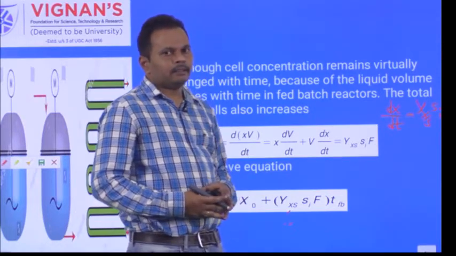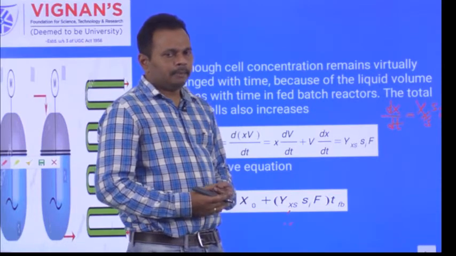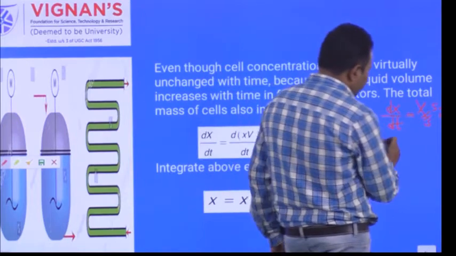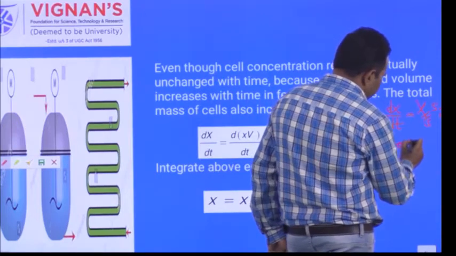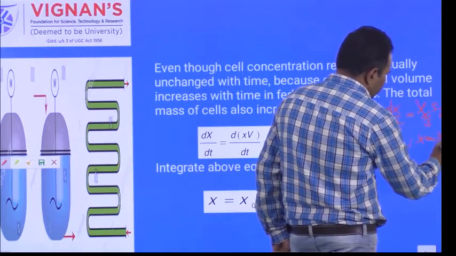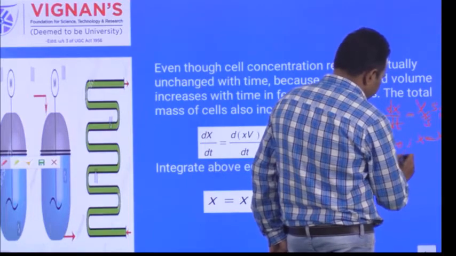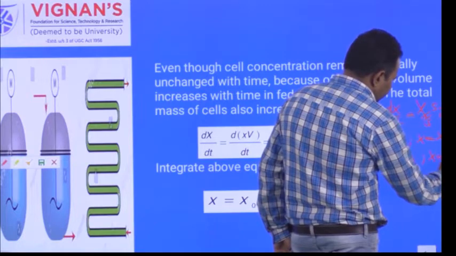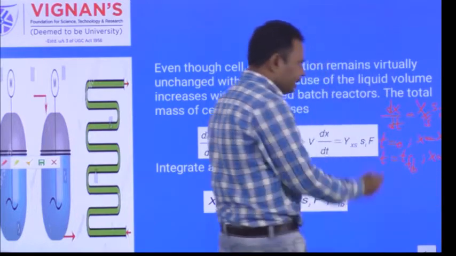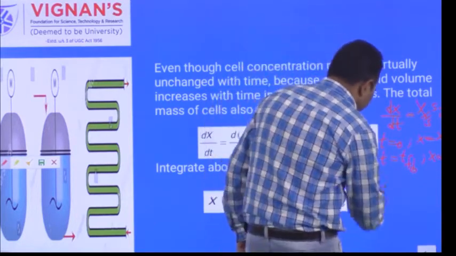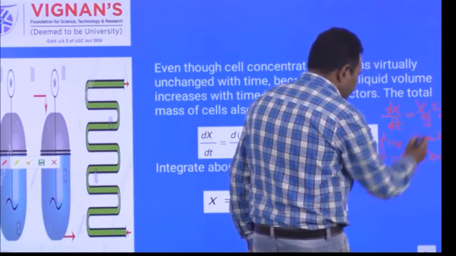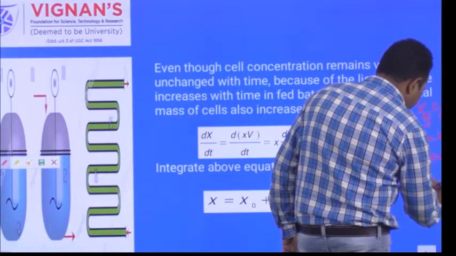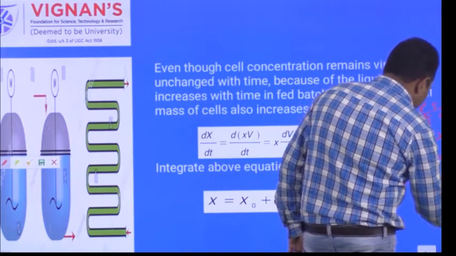Si, the initial substrate concentration, is constant, and F is assumed constant. Only the variables are X and t. When time t is 0, the mass of the cells is x0. When time t is the fed batch time tb, the mass of the cells is xf. Now integrate this equation: integral dX equals Yx/s times Si times F times dt.